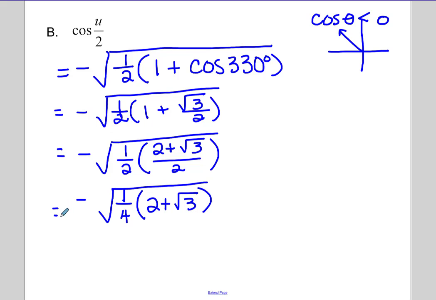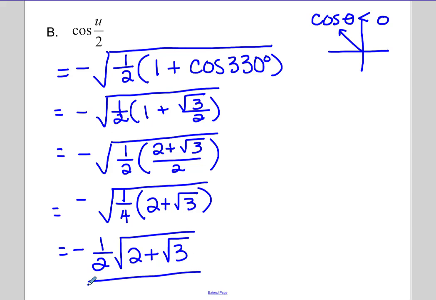Take the square root of 1/4 and simplify that answer to be 2 plus the square root of 3 under the radical times negative 1/2, because cosine in quadrant 2 is negative, so we needed the negative value.